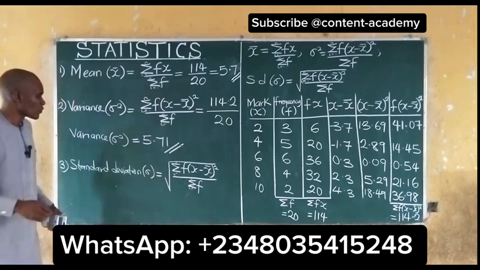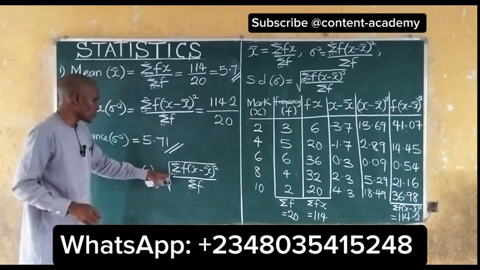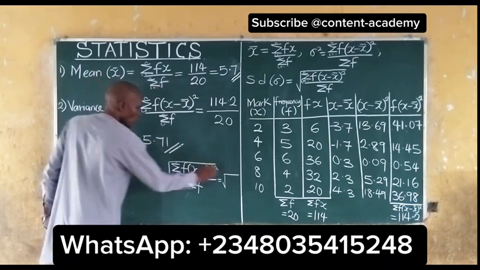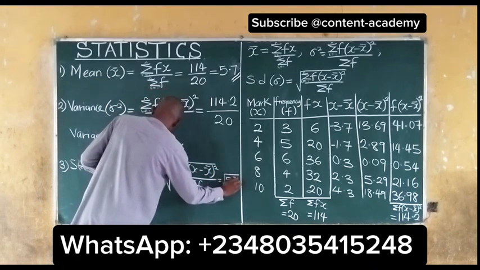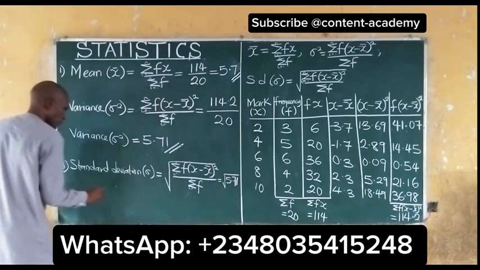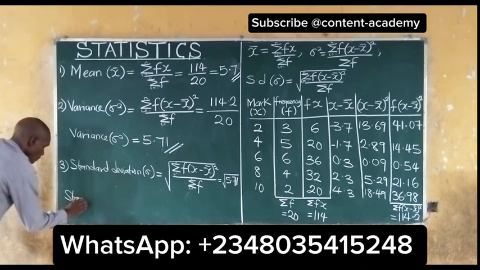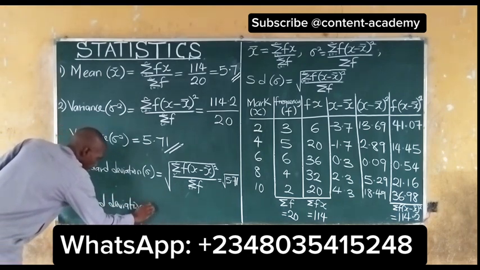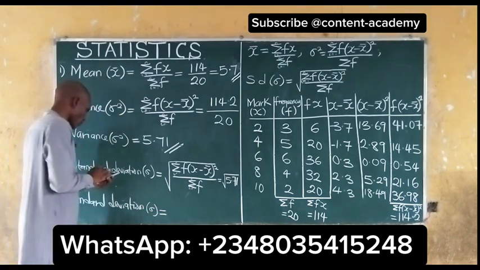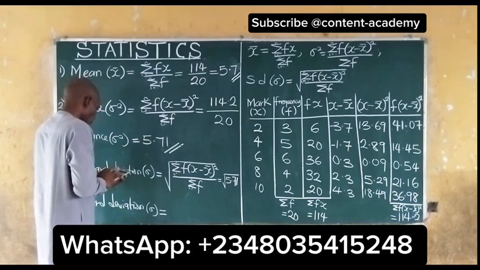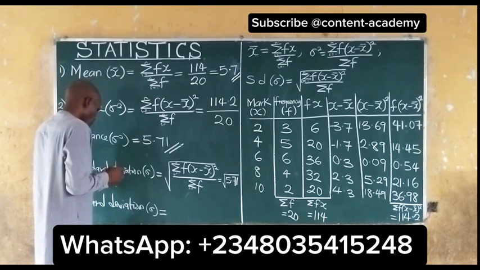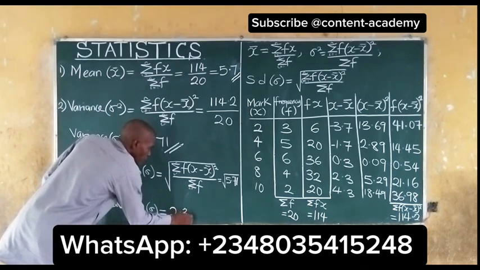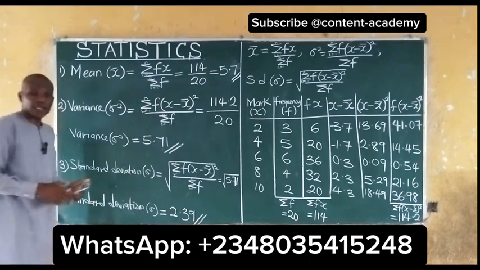So our standard deviation is the square root of the variance, the square root of 5.71, which is equal to 2.39. So this becomes our standard deviation.